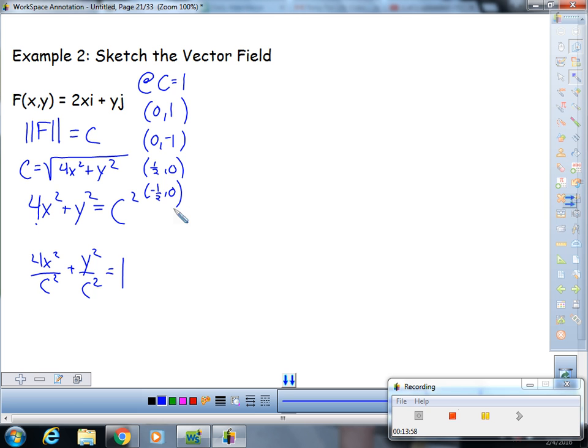Okay? What's our vector here? What's our vector here? Here? That's good. We want all these to have the same magnitude, so we're doing it right. And then I'm assuming negative 1 comma 0, correct? So let's plot them.